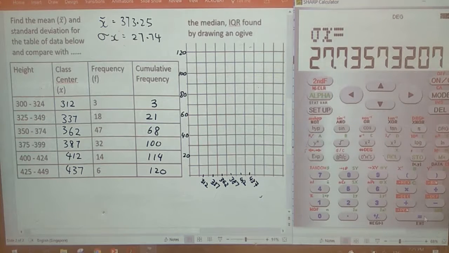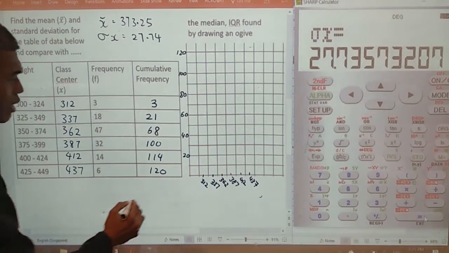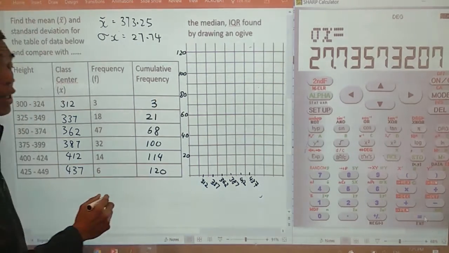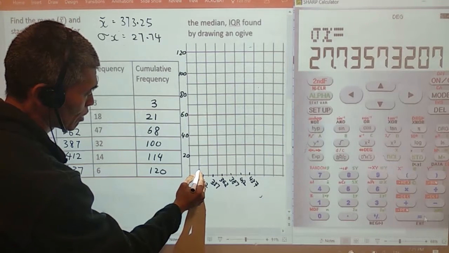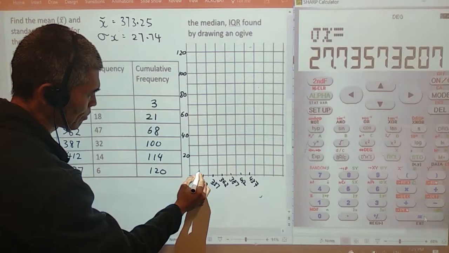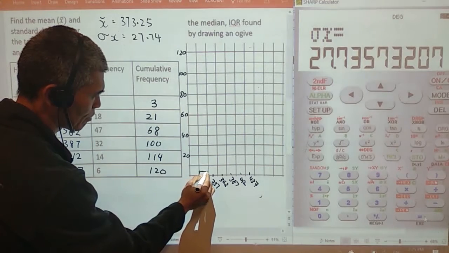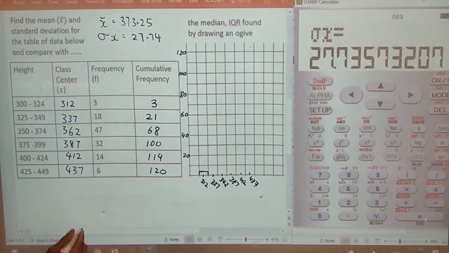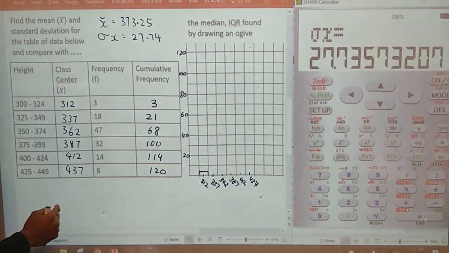So let's draw our cumulative frequency chart. Okay, so the first one would have only 3. So assuming that this is 5, 3 will be somewhere here. So that's our first column. Now, the next one would be 21.